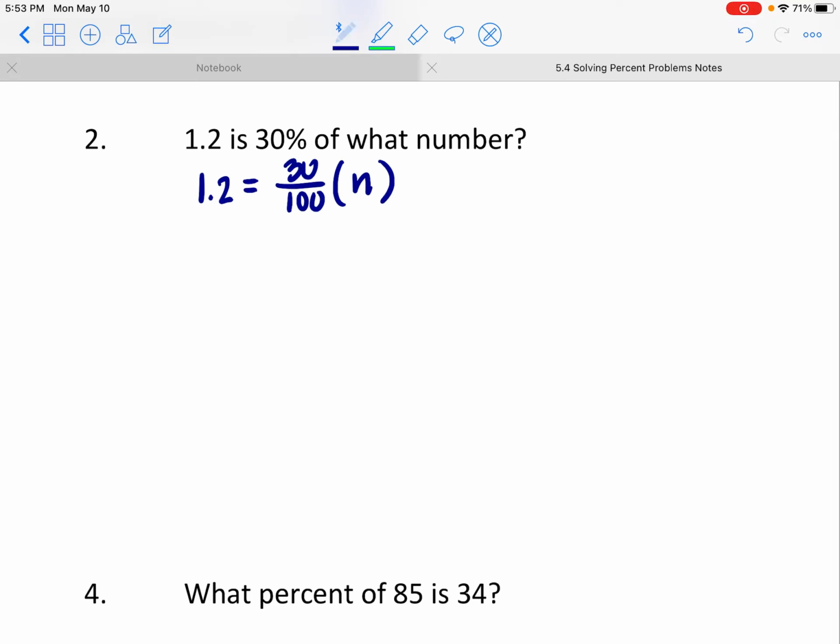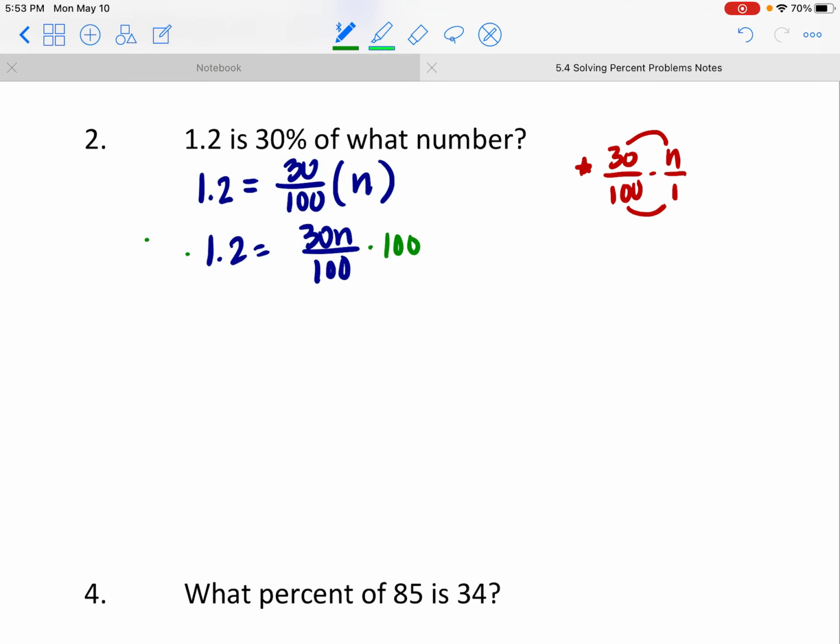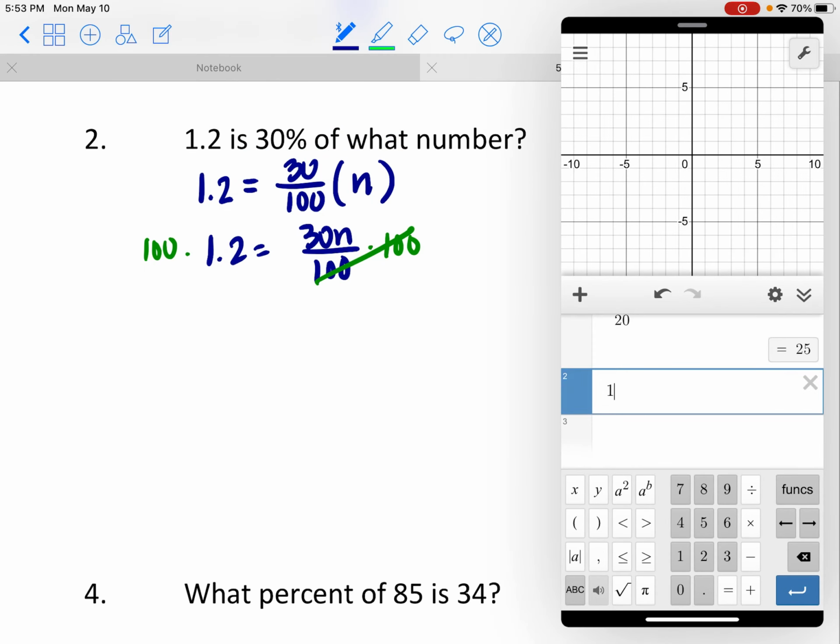So again, on this side, this is 30 over 100 multiplied by n over 1. So it's really 30n over 100. So I'm looking at 1.2 equal to 30n over 100. So I'm going to multiply both sides by 100. Multiply there, that undoes that, and then 100 times 1.2 is just going to move the decimal twice, but if you don't believe me, let me show you.